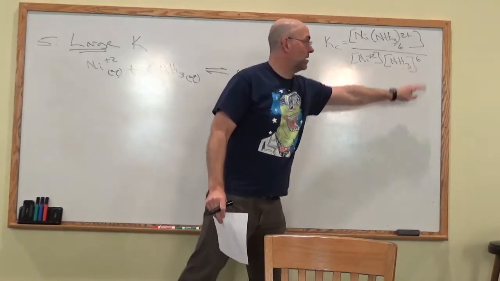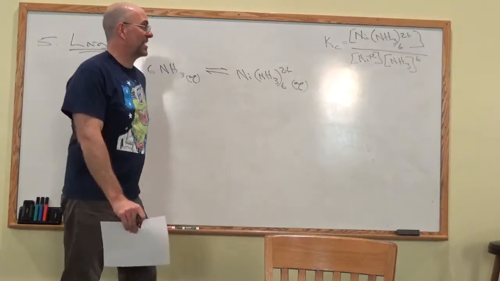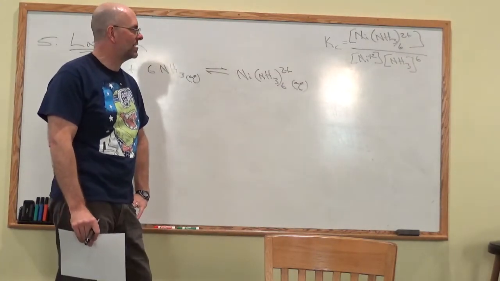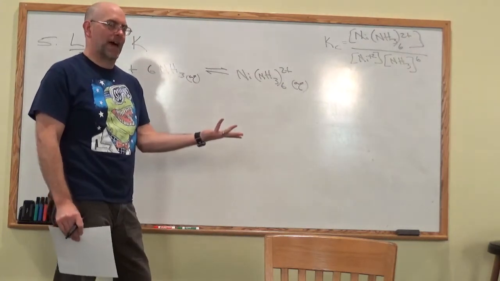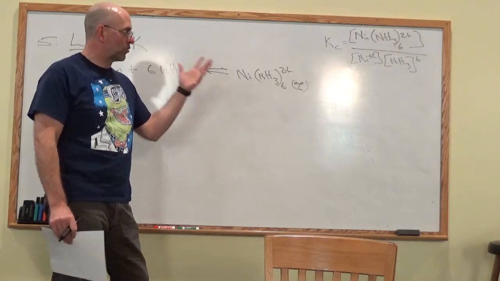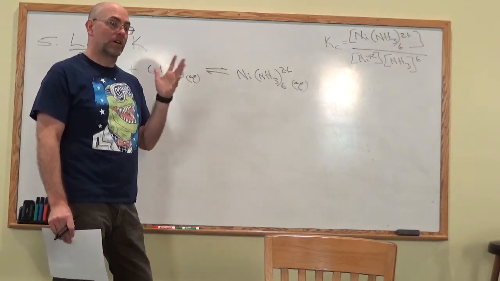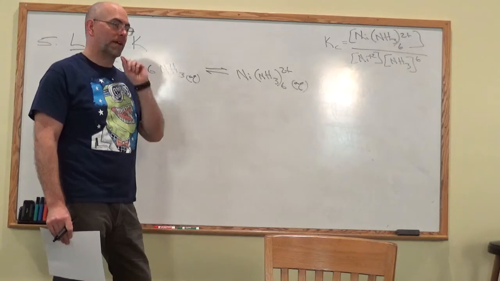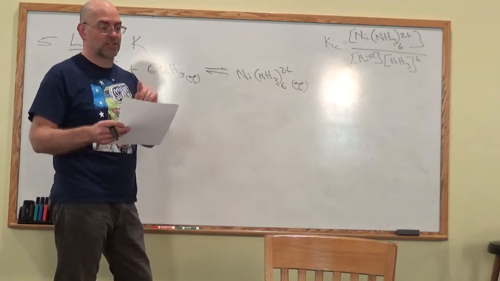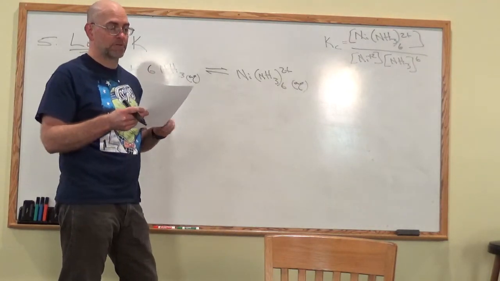I'm not putting aq. Automatically, when we look at that and see 6th power, what are we going to do with that? Well, we're going to simplify the math. We're going to set this problem up so that we have a small x. But x will not be small at first in this case because it's a big equilibrium constant.